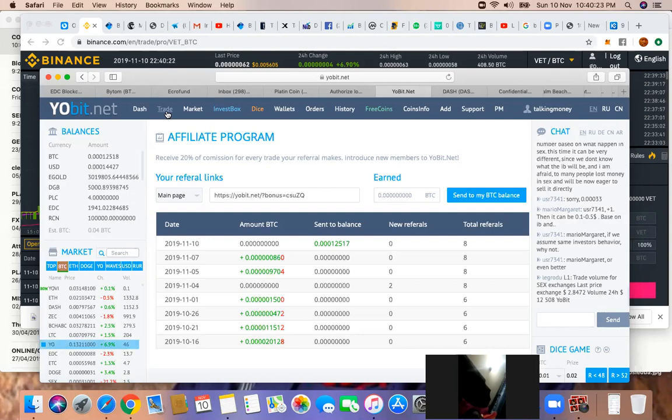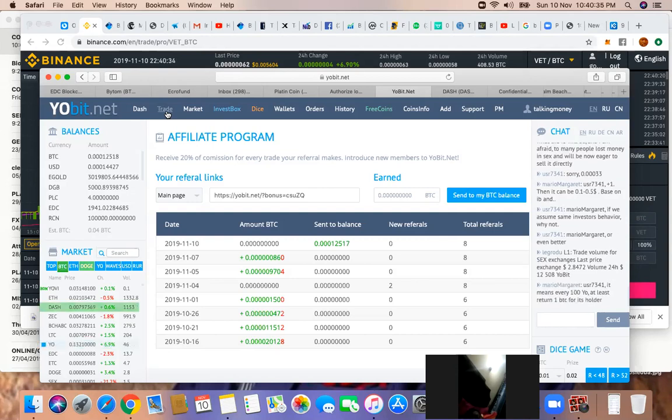So don't buy back above the last price you sold. You are permitted to buy back above the last price you bought, because you are already in profit with the last price you sold. And so in between the lines of the last price you sold and the last price you bought, the market may not come down to the last price you bought, but it will go below the price you sold. So you are sold to buy.